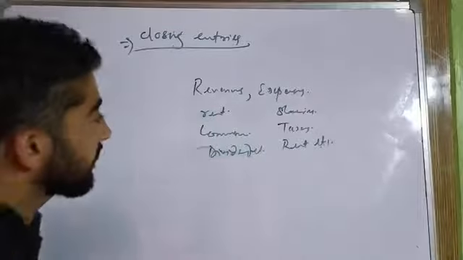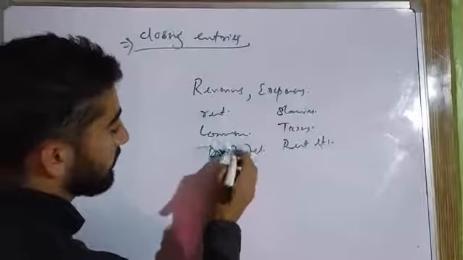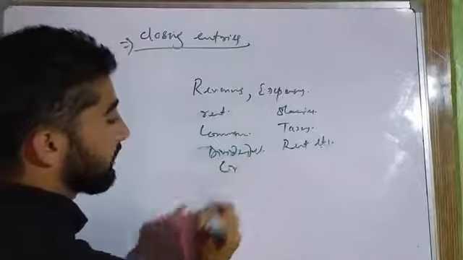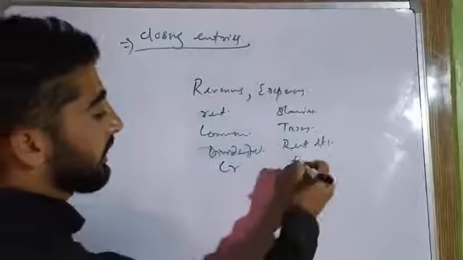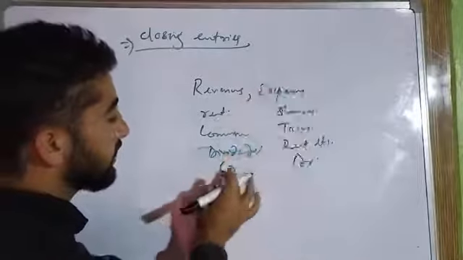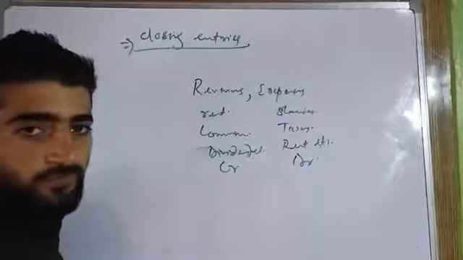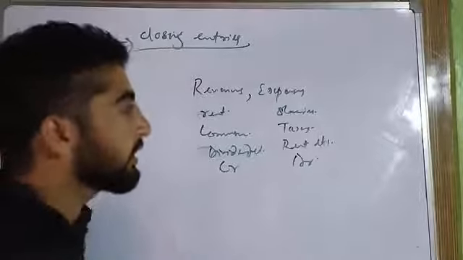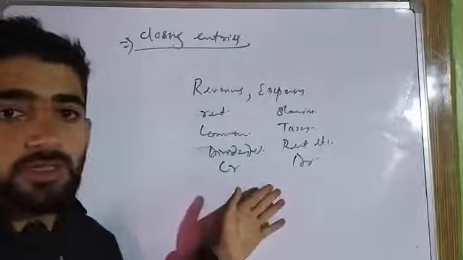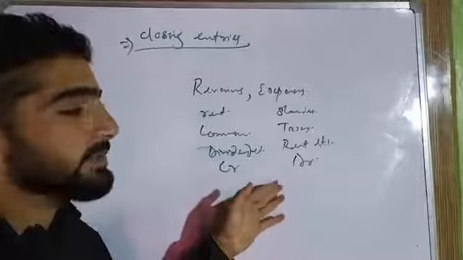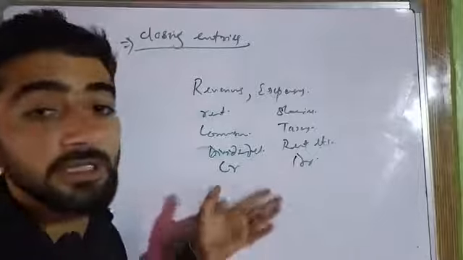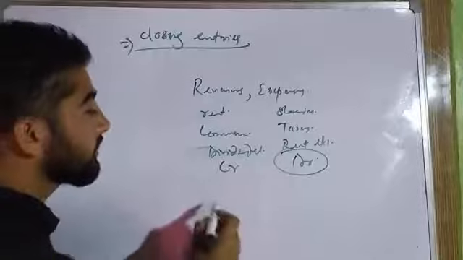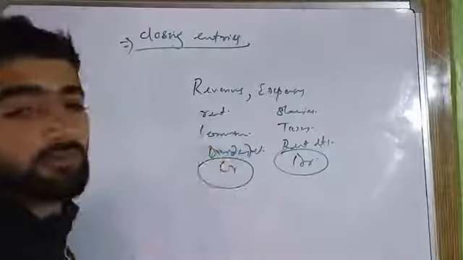You know that under nominal accounts, all the revenue accounts are given credit, and all the expense accounts are given debit. Debit all loss and expenses, credit all gains and incomes or revenues. So earlier, at the time of recording these expenses in the journal, we give debit to these expenses, and at the time of recording revenues in the journal, we give credit to the revenues.